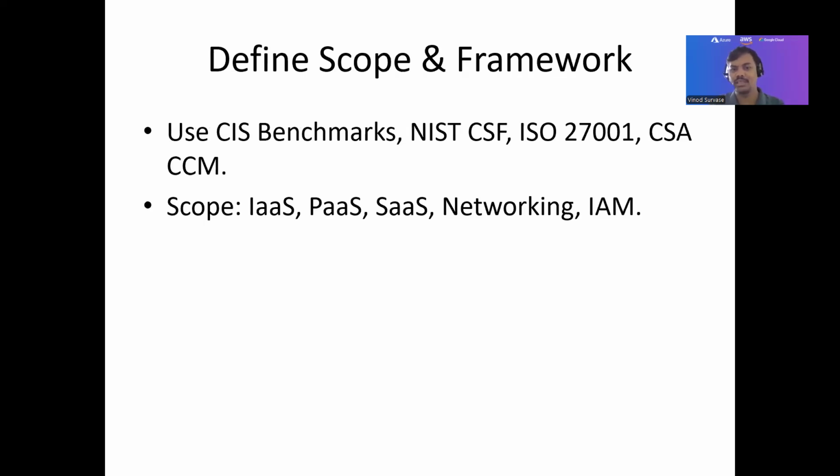The next is define scope and frameworks. What are those, right? So here you can see I have listed a few frameworks and benchmarks: CIS benchmarks, NIST CSF, ISO 27001, CSA CCM, and the scope is applicable to infrastructure as a service, platform as a service, SaaS, software as a service, networking, and IAM.